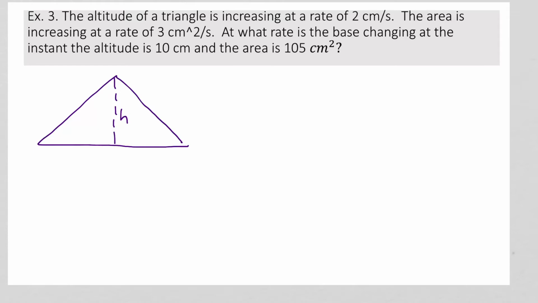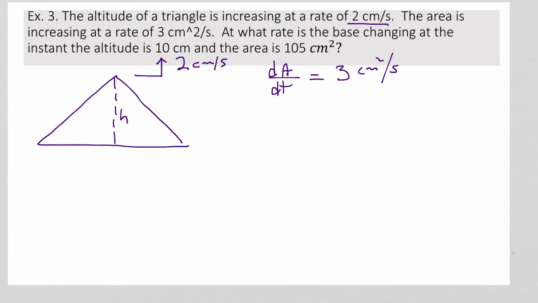The altitude of the triangle is increasing at a rate of 2 centimeters per second, so it's going upward at 2 centimeters per second. The area is increasing at a rate of 3 centimeters squared per second. So that's the change in area with respect to time is 3 centimeters squared per second.